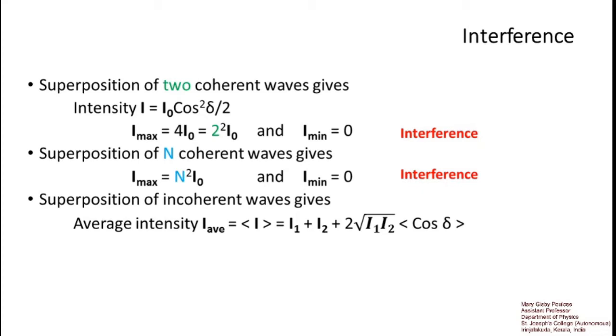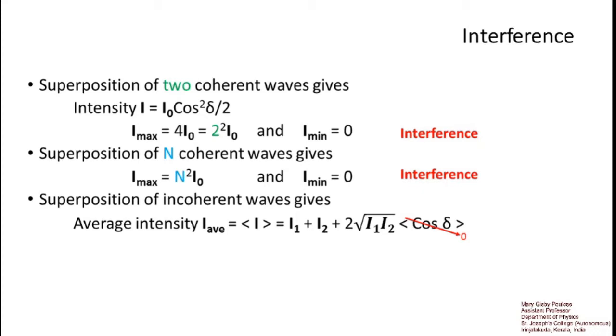So the second term is again I2 plus twice of root I1 I2. That is remaining as a constant. And the next term, cos delta. Cos delta is a variable. Okay, so bring into mind the nature of the cos delta curve, and the average of cos delta will be 0, right?